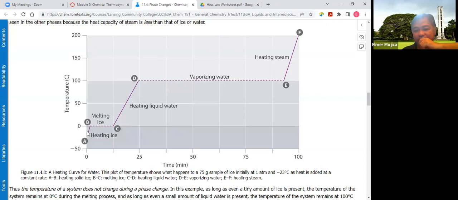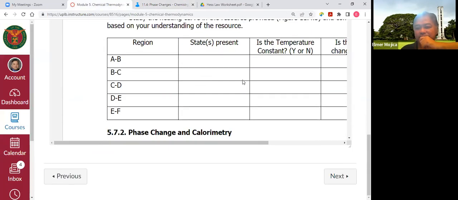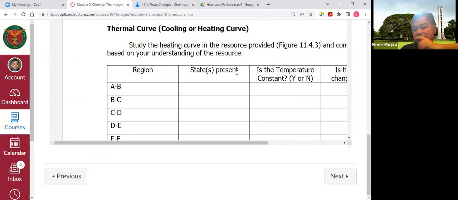Now what is changing here from A to B? Anyone? If I'm not mistaken, you're asked to do something here. A to B, if you're asked what the state is, everything there is solid. Now, is the temperature constant? Yes or no? No po.